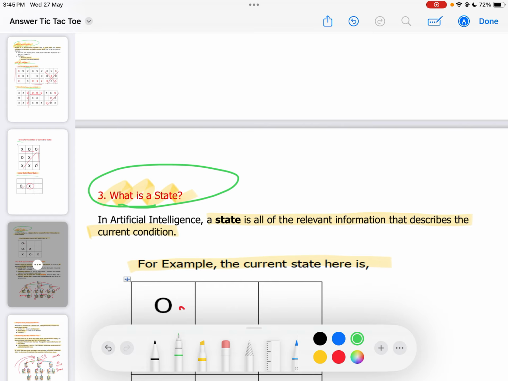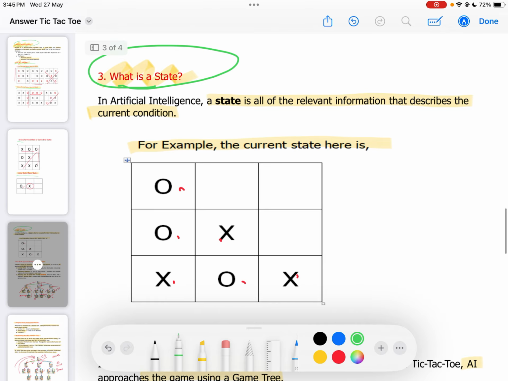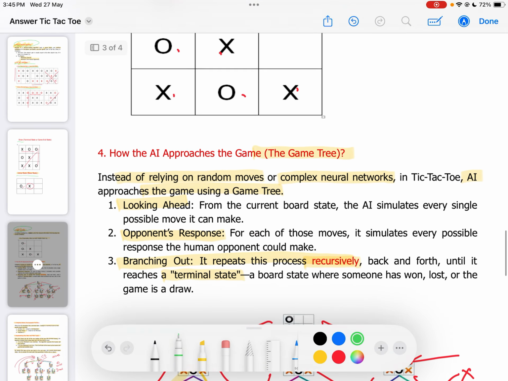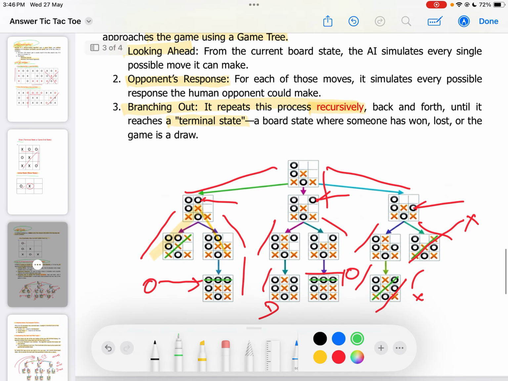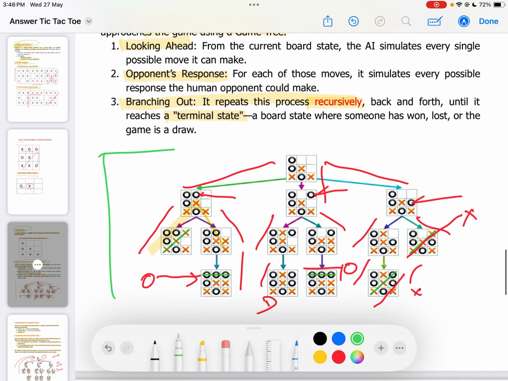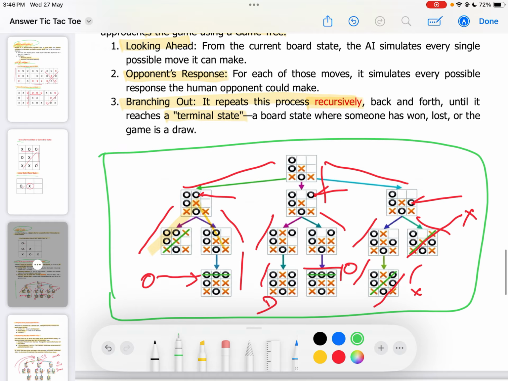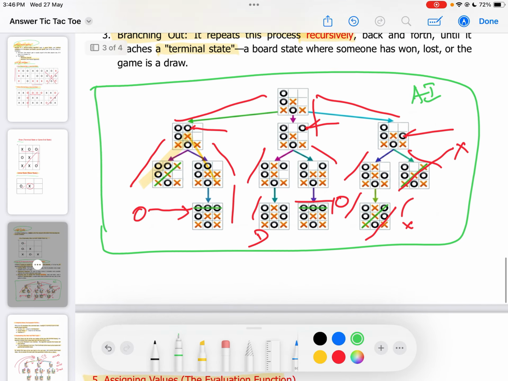Not talking about the game will not fetch you full marks. We have to talk in terms of AI. Then the important part is the game tree, how AI approaches it, and this diagram you will have to draw so that it shows how AI branches out and calculates the value.